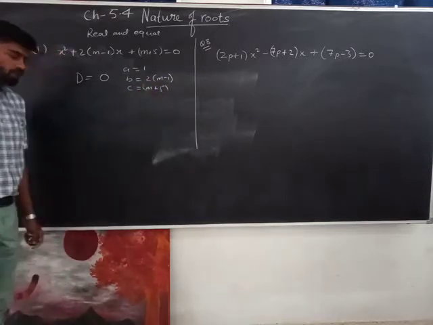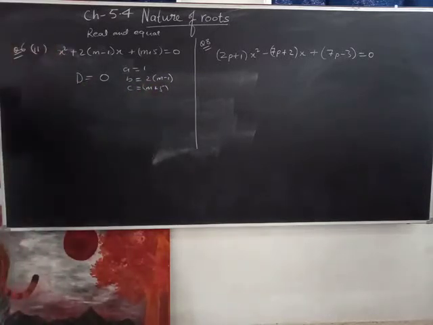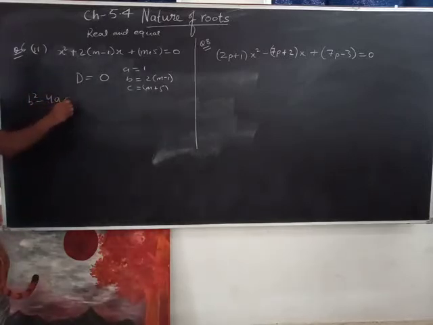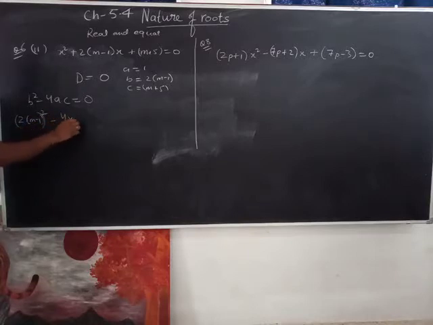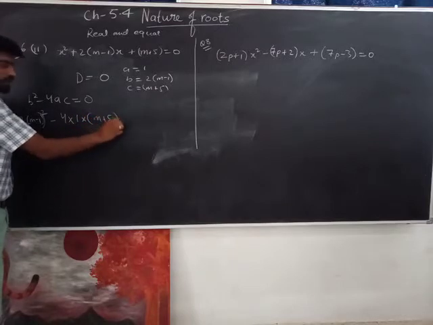Now, if D is equal to 0, I know the value of D: b square minus 4ac equals 0. I'll put in the values now. b is 2 bracket m minus 1 whole square, minus 4 into 1 into c, that is m plus 5, equals 0.